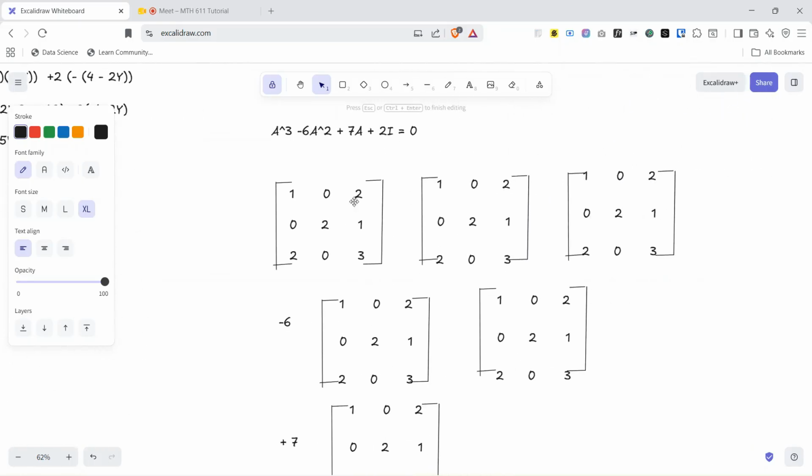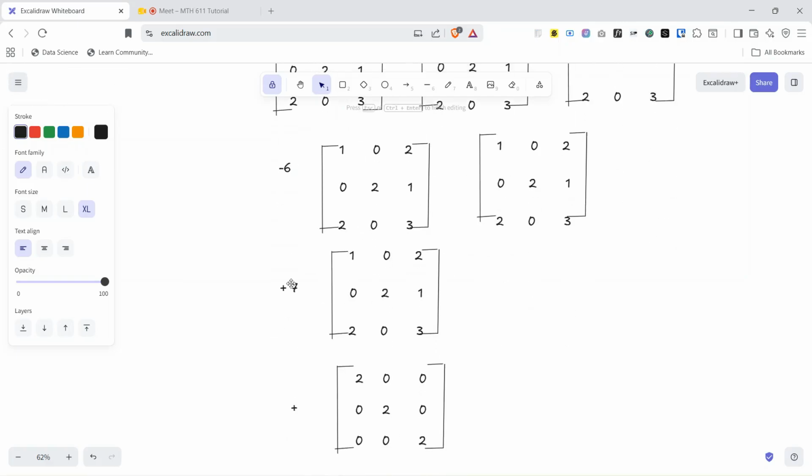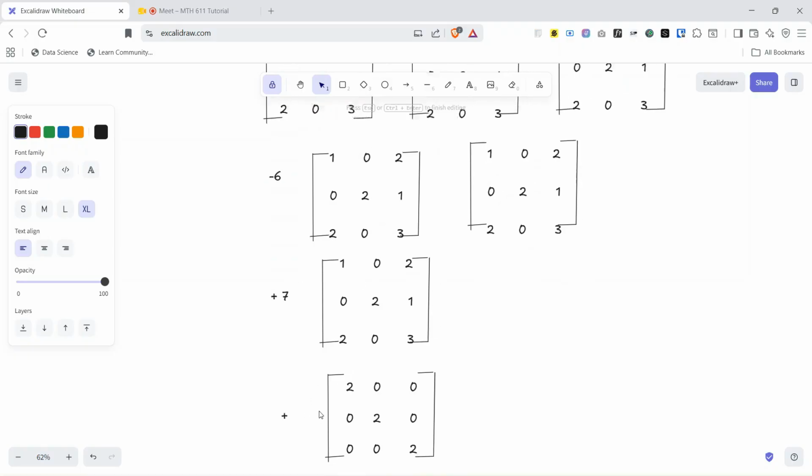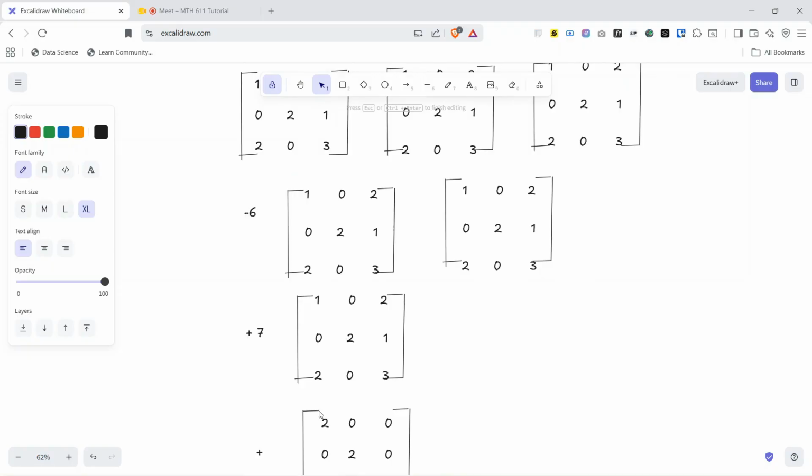So this is what you are going to do. You are going to multiply this matrix by this matrix. The answer you get, you multiply it by this matrix, right? Then you multiply this by this matrix, then you multiply it by minus 6. Then you multiply 7 by this, then plus this. So when you are done, you add everything together. At the end of the day, it is going to be 0.